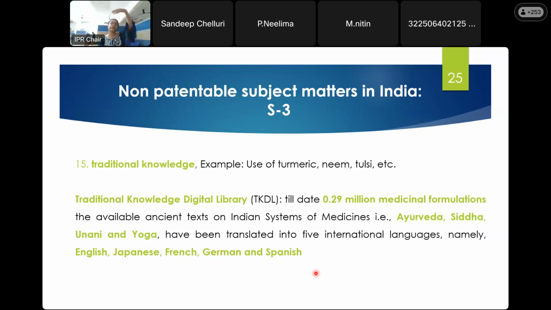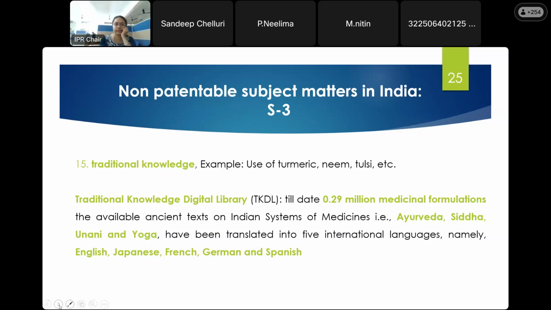So whenever anyone in the US or any other country who is not aware of India files a patent application in their patent office, the patent examiner can access our TKDL database and understand whether it is already there as traditional knowledge in India or not, and they will stop those patent applications from being granted in those countries.